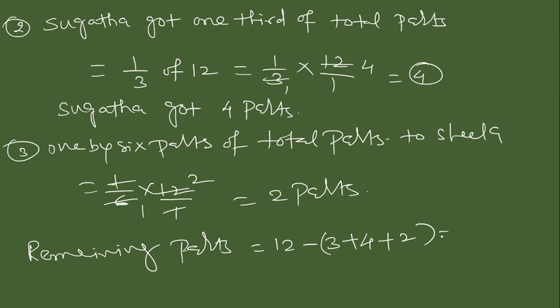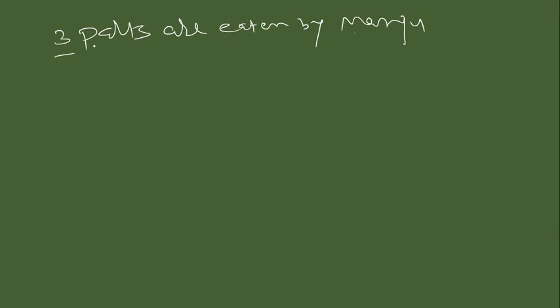So I will write here 12 minus 3 plus 4, 7, 7 plus 2, 9, 12 minus 9 is equal to 3. So remaining 3 parts are eaten by Manju. That is the remaining parts.